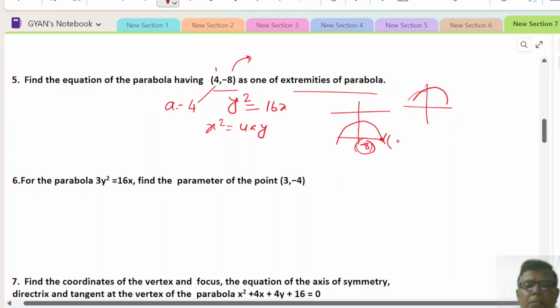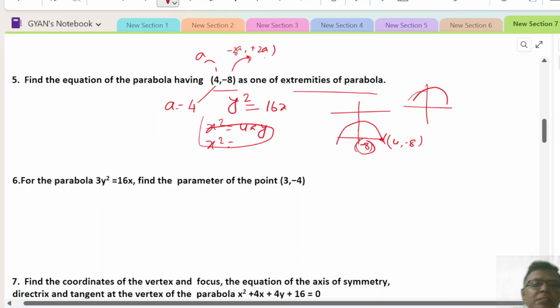This also can be 4 comma minus 8, like this one. So what will be the equation? X square is equal to minus 4ay. So the x square is equal to minus, no, this cannot be. Why? This has to be 2a or minus 2a. So if this is a, this has to be minus 2a or plus 2a.